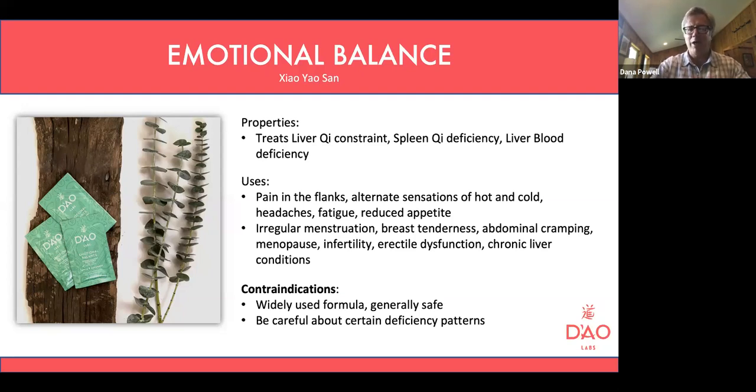And that has a really wide number of clinical uses, particularly in gynecology: irregular menstruation, breast tenderness, abdominal cramping, menopause, infertility. It can even be used in erectile dysfunction. It also gets used for various digestive issues or even chronic liver conditions. So a very, very wide range of uses.